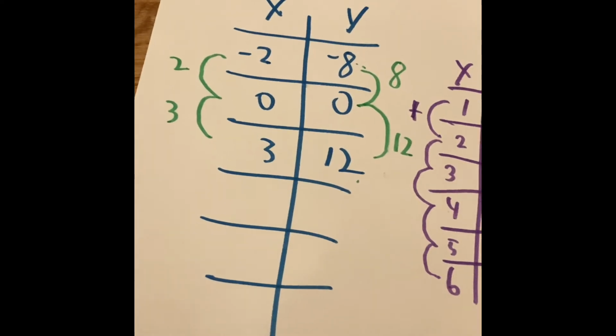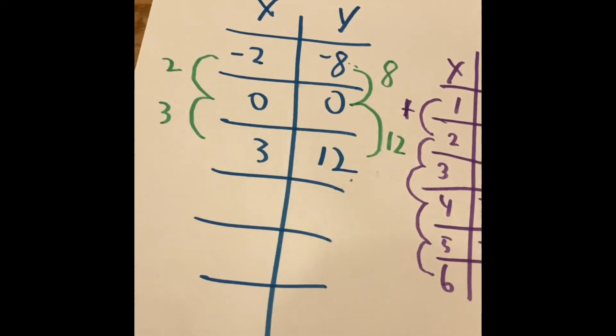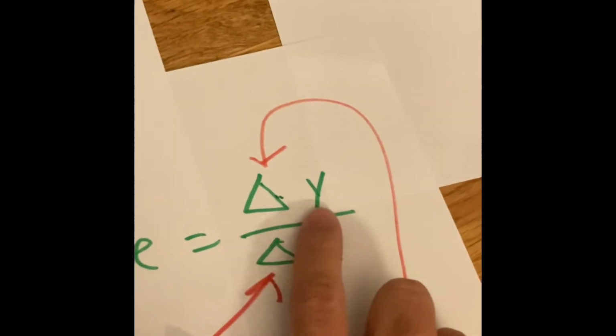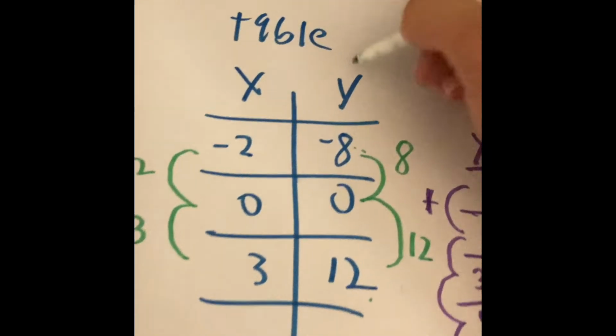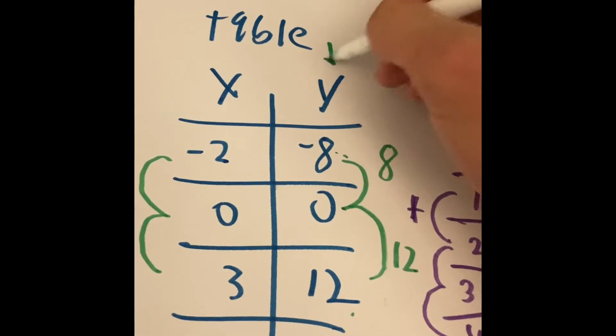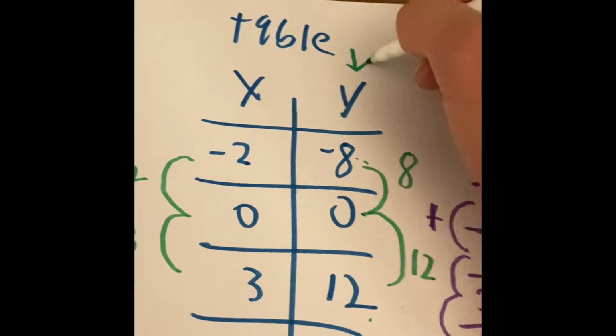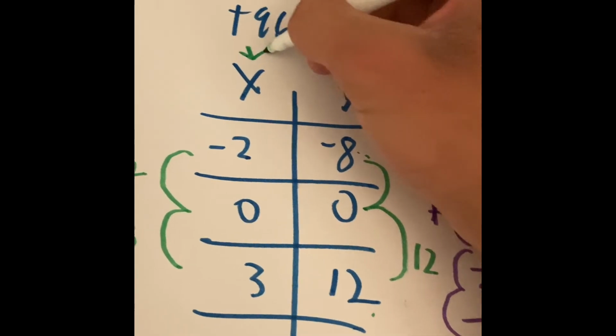Since we found all the distances and the differences, now we get to use the formula, the change in y divided by the change in x. On a ratio table, your y is going to be on the right side of the table, while your x is going to be on your left side.